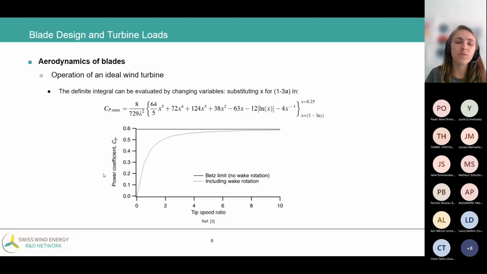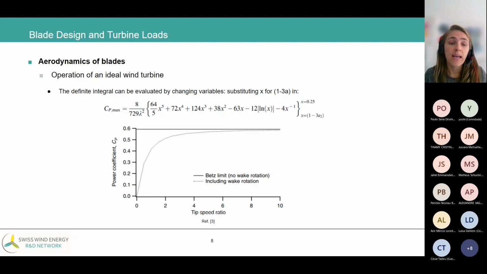So using very simple relations, we can have an idea of what would be the maximum power coefficient that we would have, and then the maximum power production that we would have in a simple configuration.